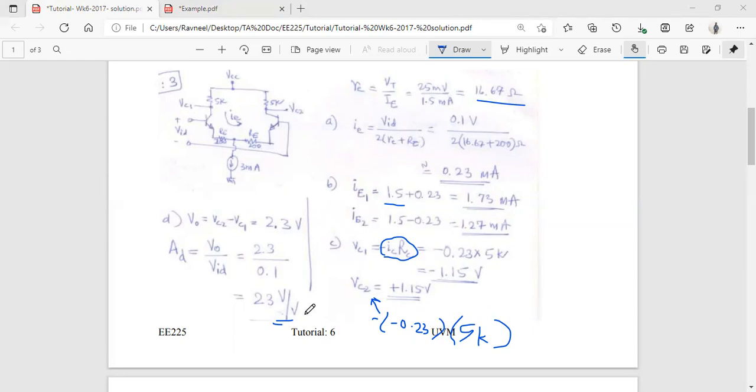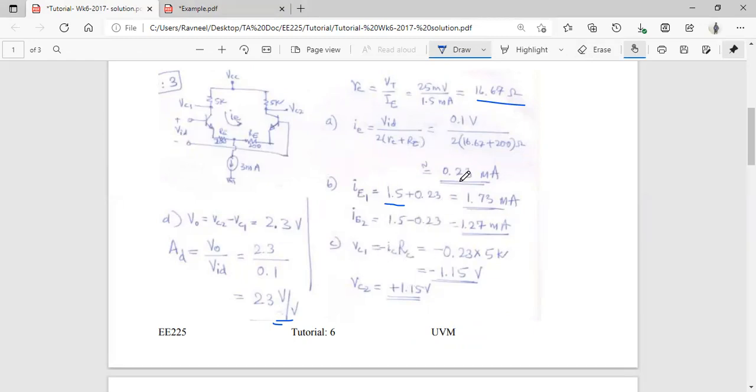That is why we use negative. So VC1 is basically going to be equal to negative, indicating the 180 degree phase difference, times IC times RC. That is going to be the formula for VC1.